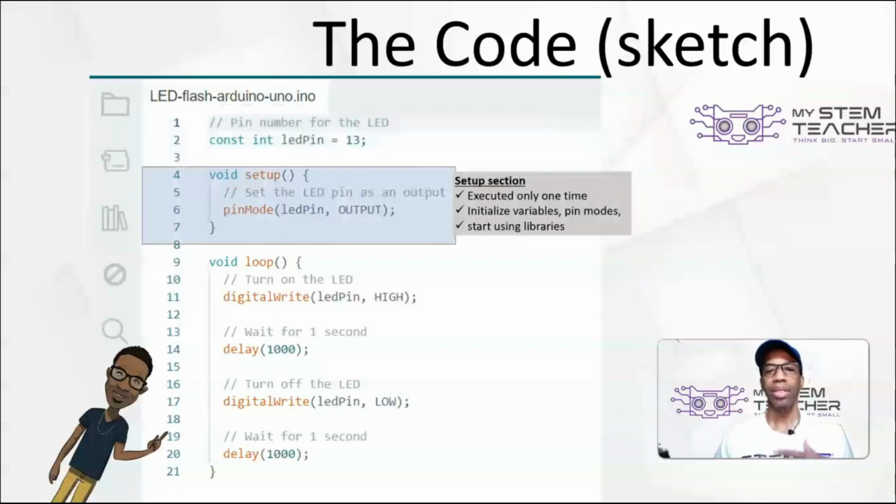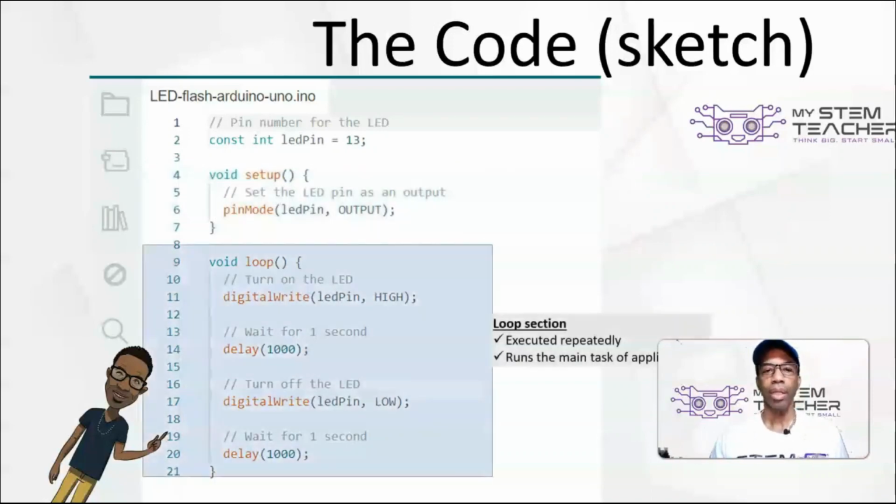The second section, the setup section, executes only once, and that's where we initialize variables, start using libraries, and so forth. This project is so simple, we don't have any libraries or anything like that. And the third section is the loop section. As the name implies, it loops repeatedly. It runs the main application.